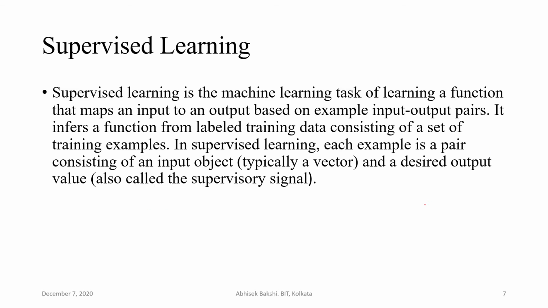What is given? Supervised learning is the machine learning task of learning a function that maps an input to an output based on example input-output pairs. This is what we saw in the previous slide, where we had an example of the square root problem.